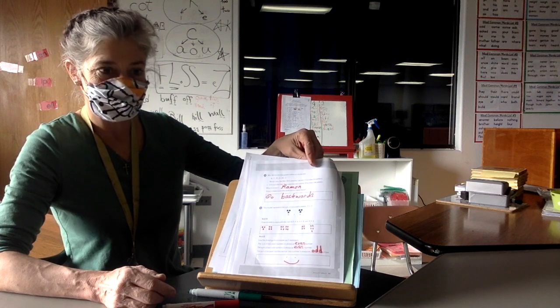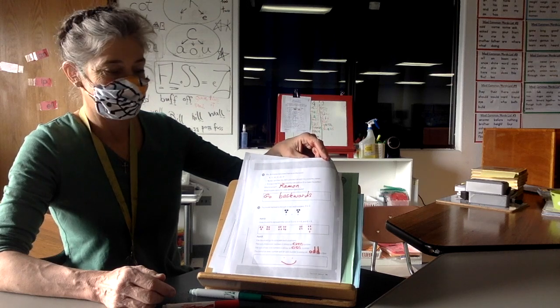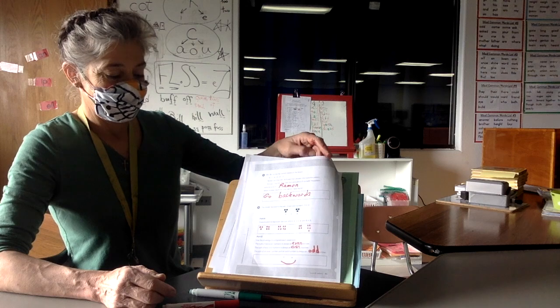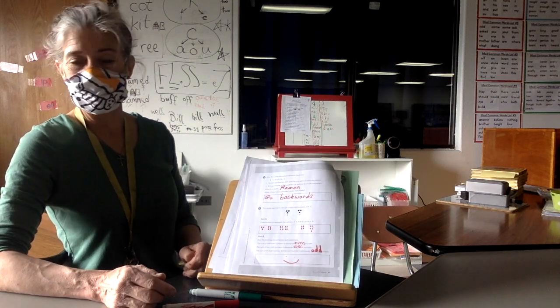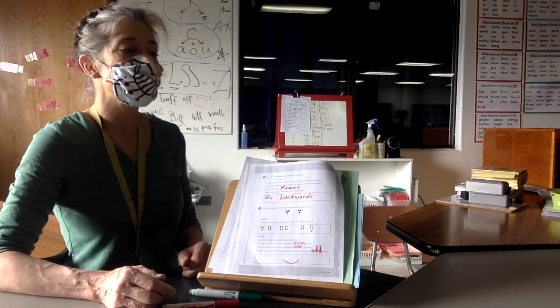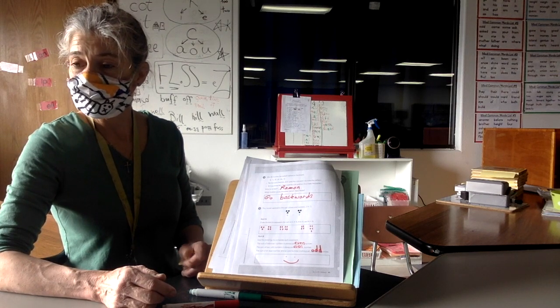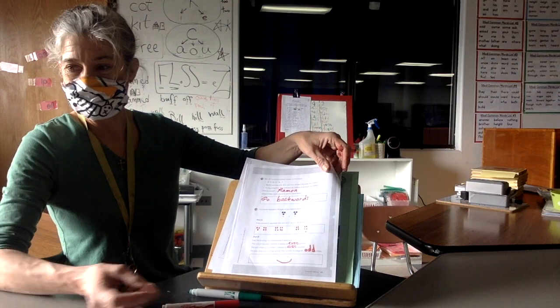Ruben's drawing a confused face. He's scratching his beard. I'm going to give you about 10 more seconds, and then we're going to go to the next page. Mine is trying to lick all the letters. Mine is confused.